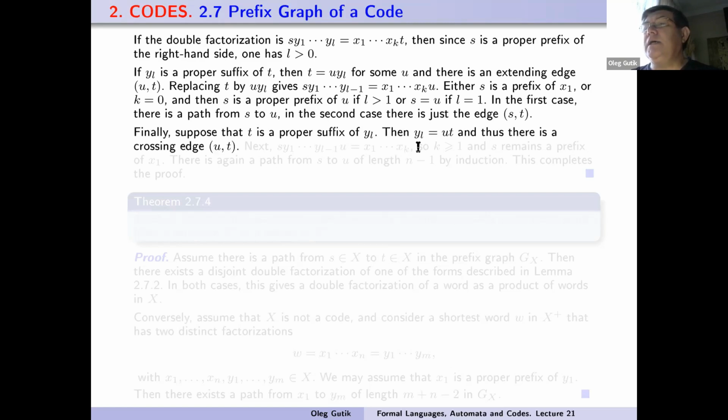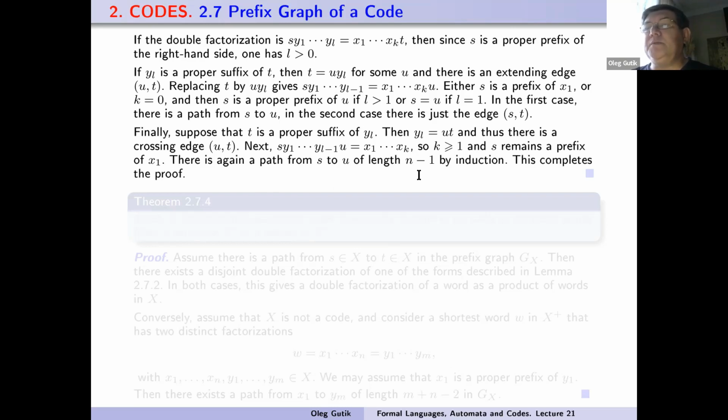Then we have that the word yl is equal to u t, and thus there exists a crossing edge u t. Next, the word s y1 so on y l minus 1 u is equal to x1 so on xk, so k is greater than or equal to 1, and the word s is a prefix of x1. There exists again a path from s to u of length n minus 1 by induction. This completes the proof.